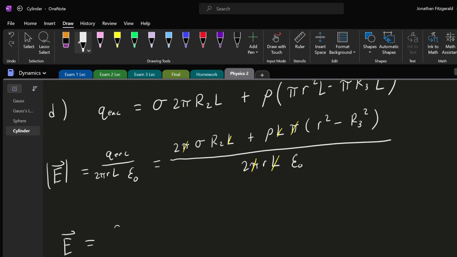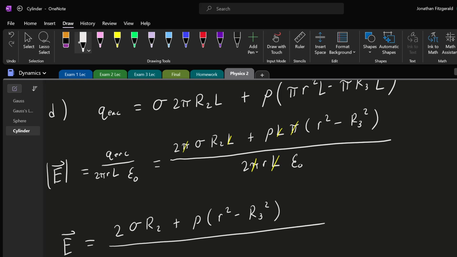So now E equals 2 sigma R2 plus rho times r squared minus R3 squared, divided by 2 r epsilon naught. Add your unit vector r hat, and that will give you that answer.